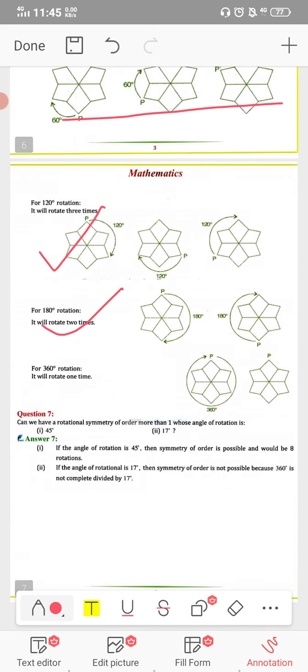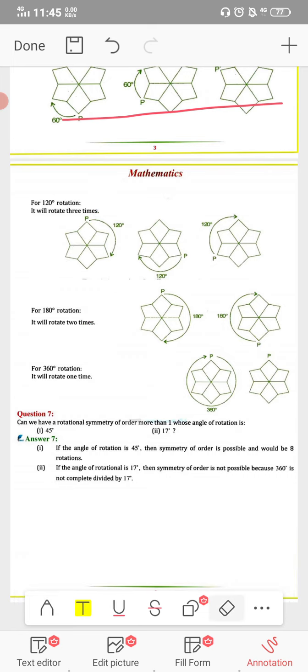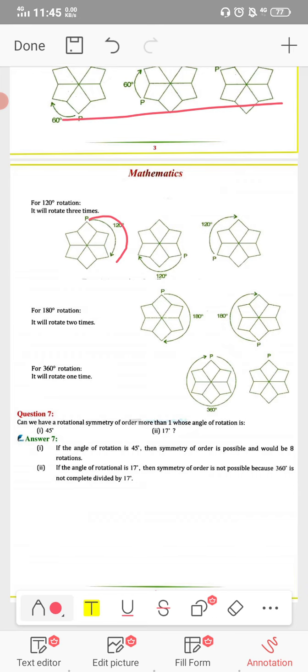If we take 120 degree angle for the same image, at every 120 degree angle the image will show the same image. But if we talk about order of symmetry, then it will have to rotate 3 times for getting the same position as it is at the first time, 120, 120 and then 120.